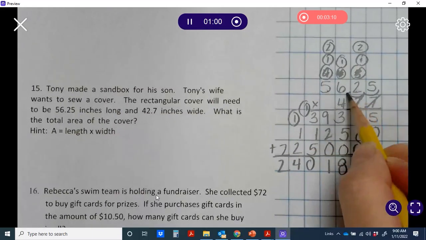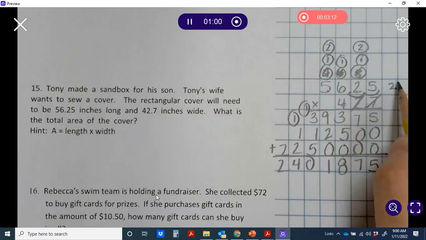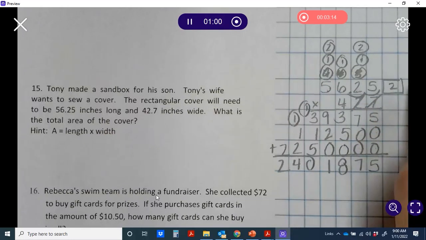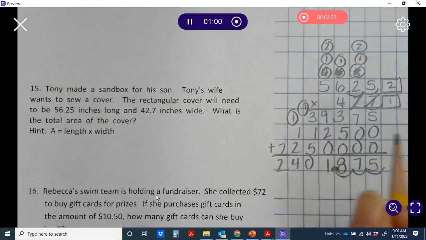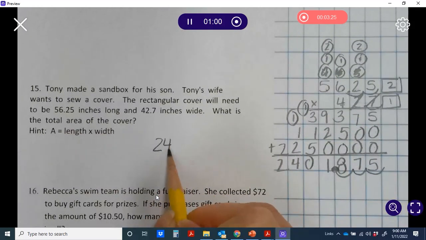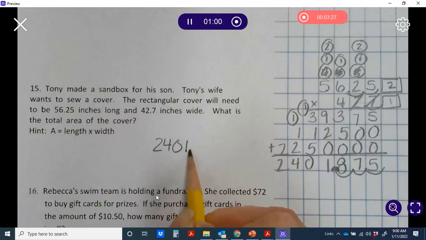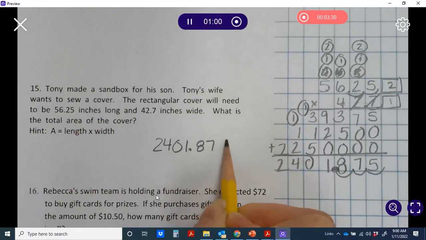There's 2 decimal places in my top factor and 1 in my bottom factor for a total of 3 in my answer. 1, 2, 3. So I have 2401.875, and that was inches.